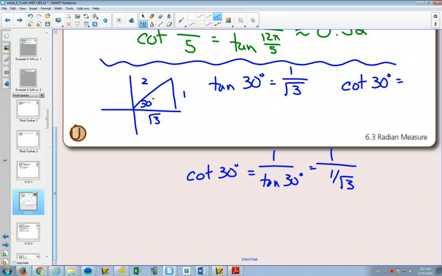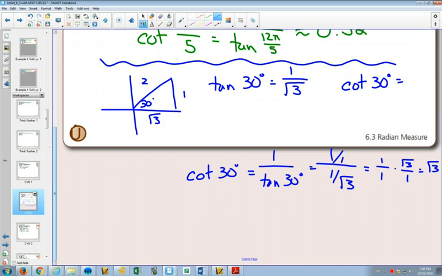And dividing by a fraction is the same as multiplying by a reciprocal. Can you see that you could make the top into a fraction as well, make it 1 over 1? And so you would have 1 over 1 multiplied by root 3 over 1, which just gives us root 3 in the end, which is the same as root 3 over 1.